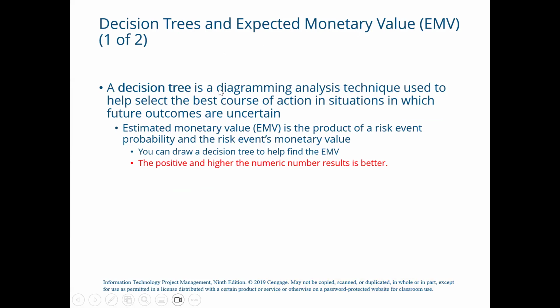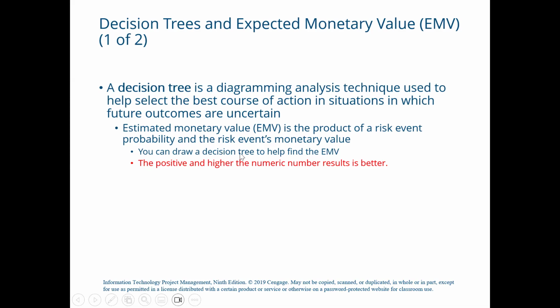A decision tree is a diagramming analysis technique used to help select the best course of action in situations in which future outcomes are uncertain. A common application of decision tree analysis involves calculating the expected monetary value. Expected monetary value is the product of a risk event's probability and the risk event's monetary value.